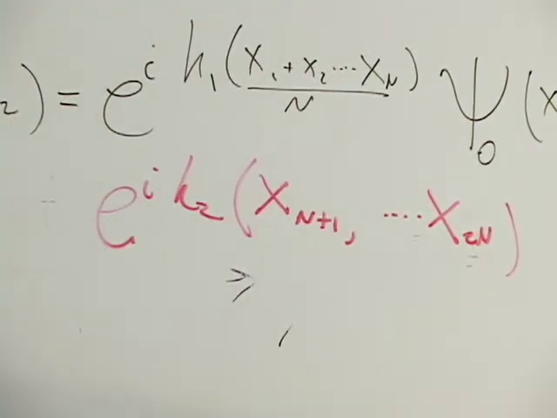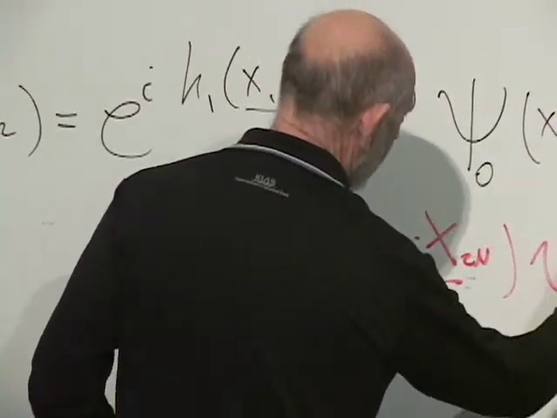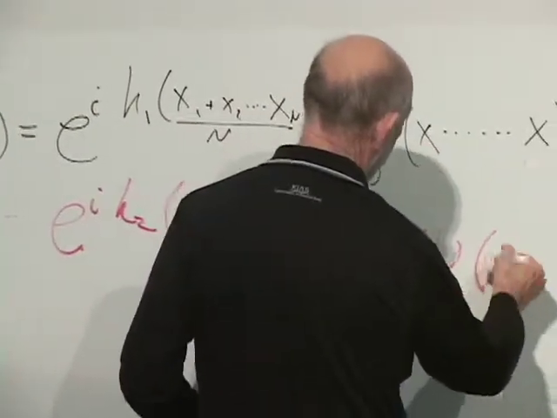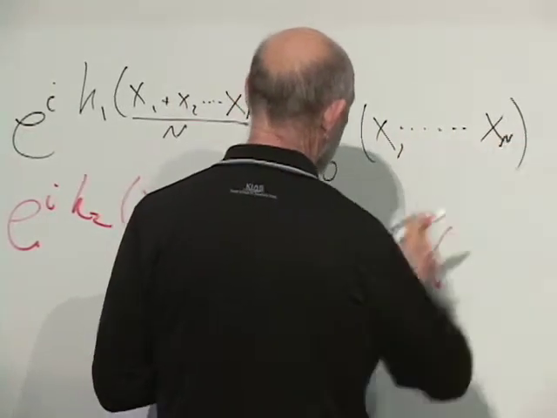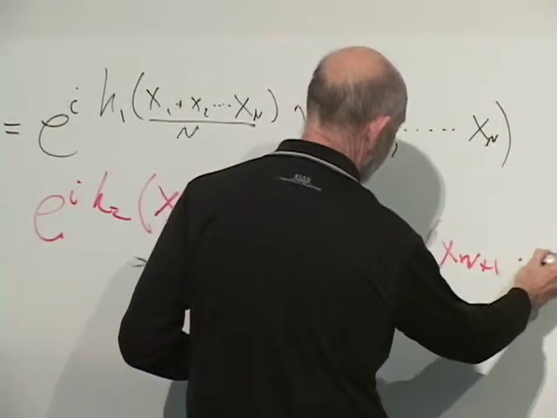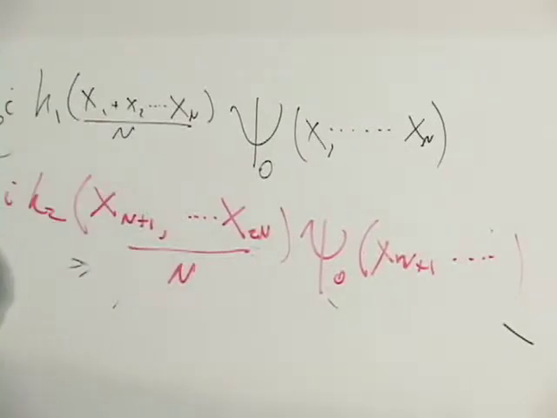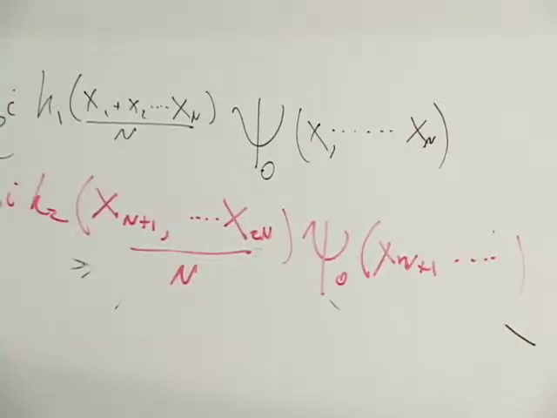The second half of the particles is grouped together into the second string, also divided by n, also times psi naught of x(n+1) to the end of the chain. Can that be read? Okay, you can read it.